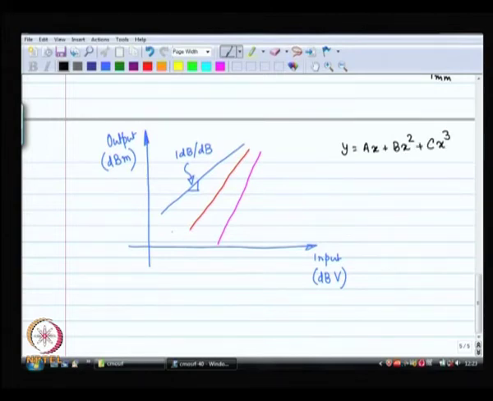Let us say this is the polynomial that your power amplifier is, y equals ax plus bx squared plus cx cubed, something very general. You can do some curve fitting and fit your power amplifier to this particular polynomial. In that case, if x increases by 1 decibel, y will also increase by 1 decibel as far as the fundamental component is concerned. x squared is not going to give you the fundamental, it is going to give you the second harmonic, right.